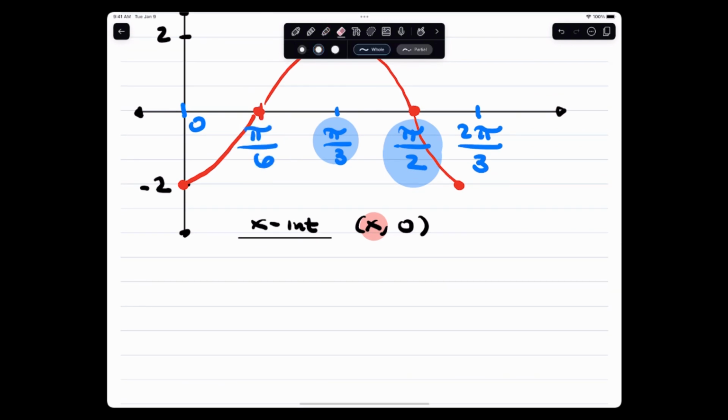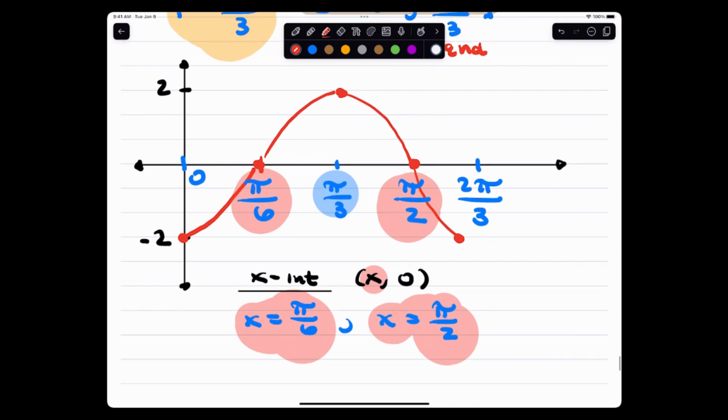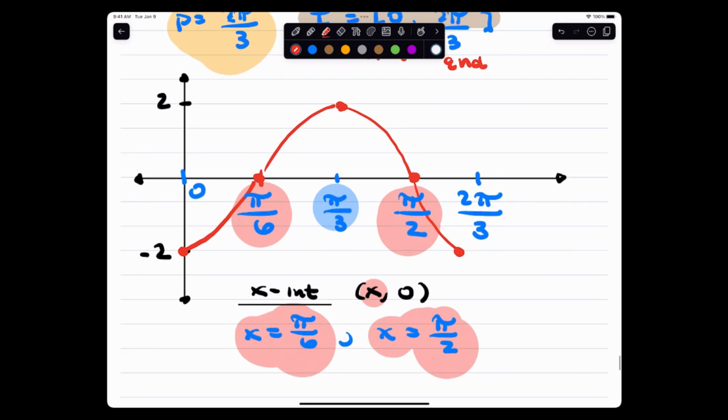So what are they? It happens at pi over 6 and pi over 2. Is that right? So x is pi over 6, and then x will be pi over what? 2. Those are your x-intercepts.